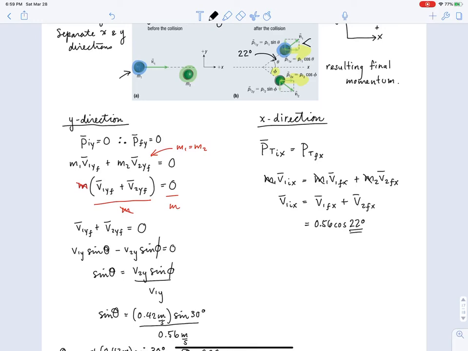That was the first step, plus 0.42 cos 30 degrees. If we punch this in, we determine that our initial x component of our velocity is 0.88 meters per second.